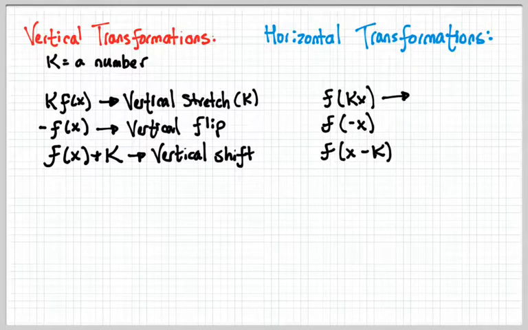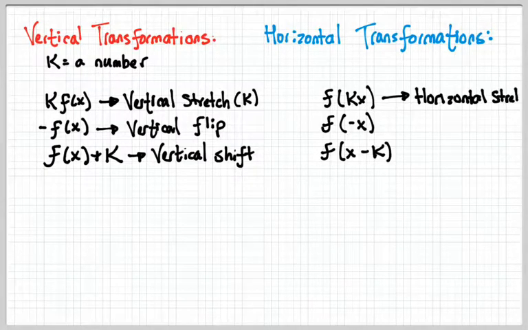Now today we learned that when you put that k inside the parentheses, you get a horizontal stretch. But something different happens here. You are not stretching by k, you're actually stretching by 1 over k. So say your k was 3, you're not going to stretch something by 3, you're going to stretch it by 1/3. So it actually ends up doing the opposite.